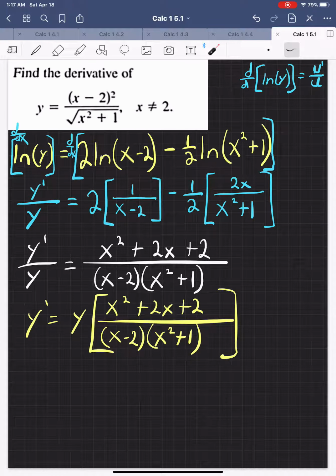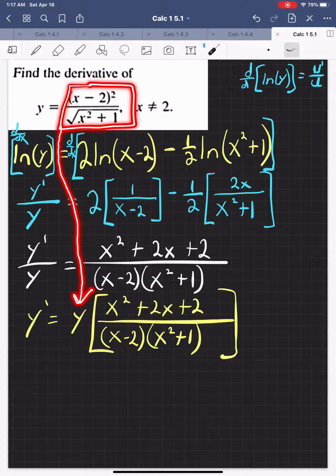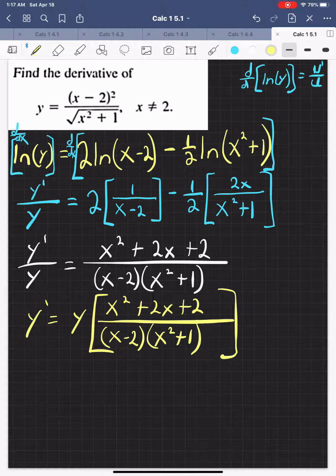Well, to get the derivative in terms of x, I need to get the y out of here in terms of x. Well, do I know what y is? I do. y is equal to this. So all we have to do is substitute right here. And there it is. There's your derivative. You used logs to make your derivative easier.